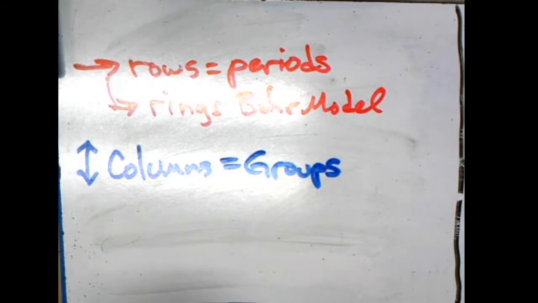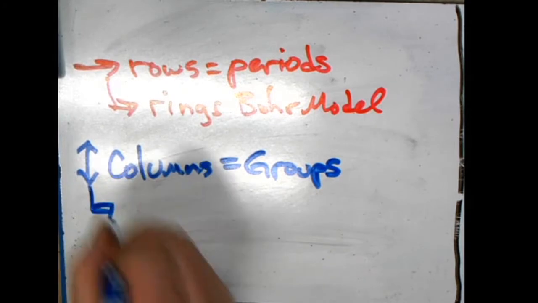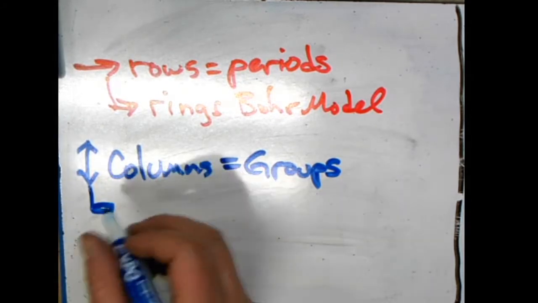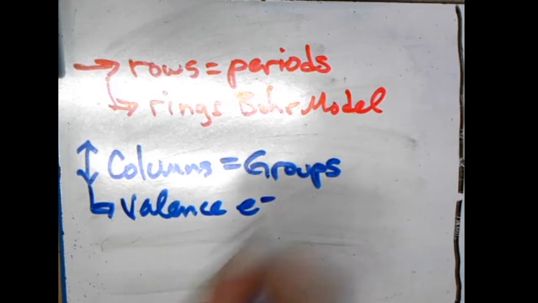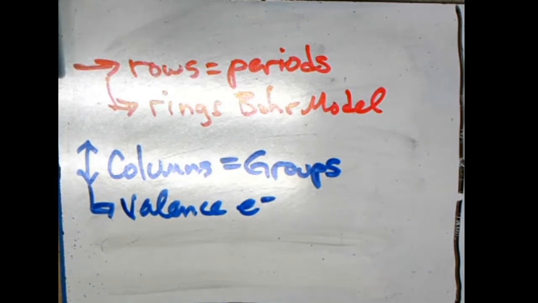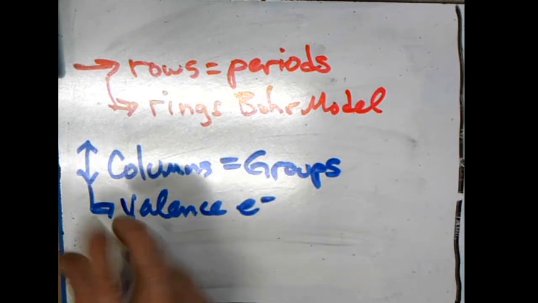And the groups, as we're going to start to see more next week, can tell you the number of valence electrons. Remember that down each group you're going to have similar properties.